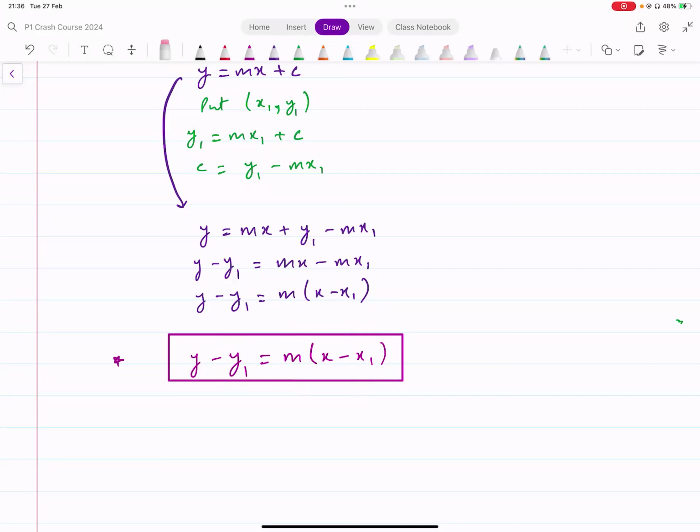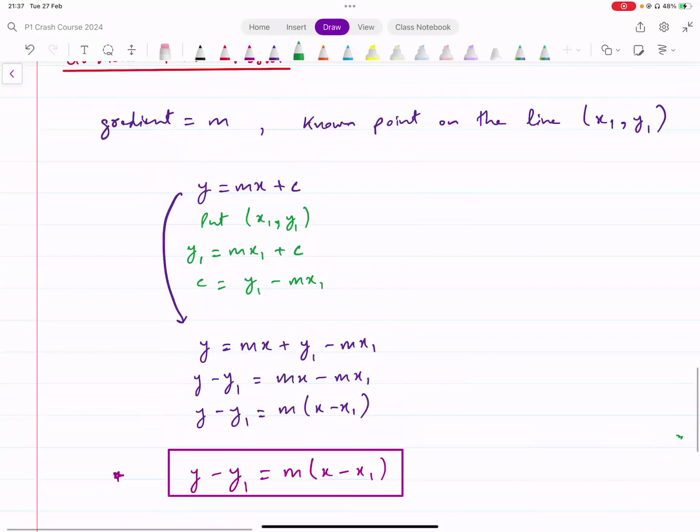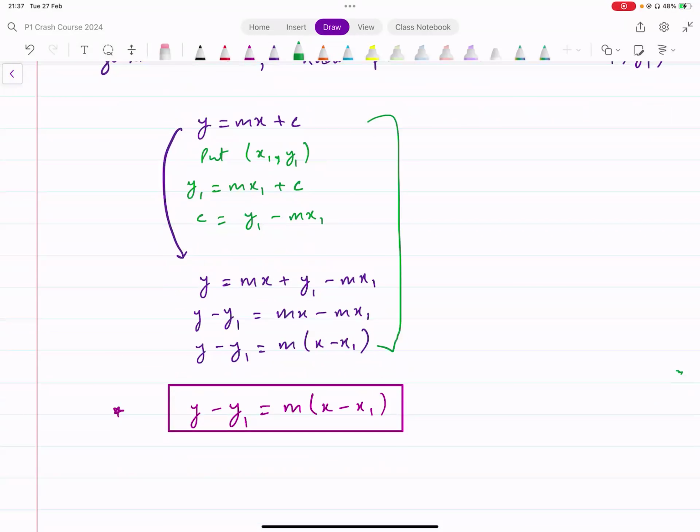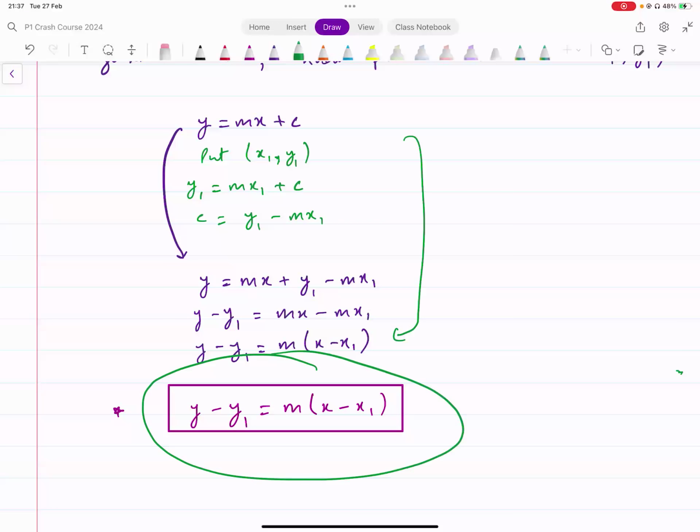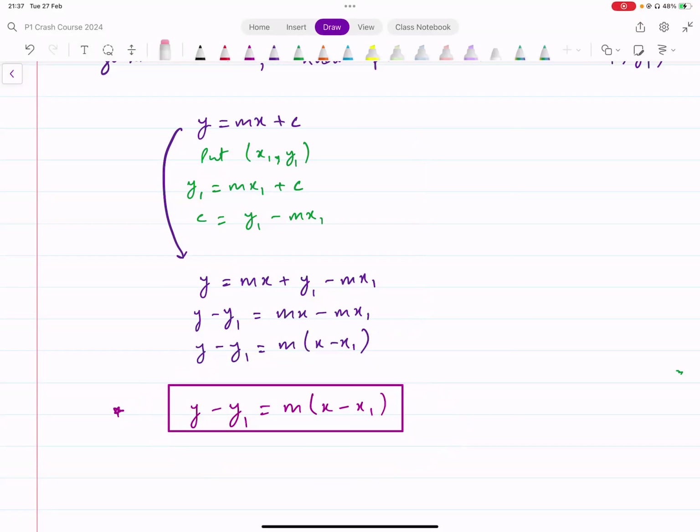So basically, we are skipping all of those steps where we had to find the value of c. What we're doing here is we have put the value of c back in the equation and reached this form that we can now just remember and use directly.